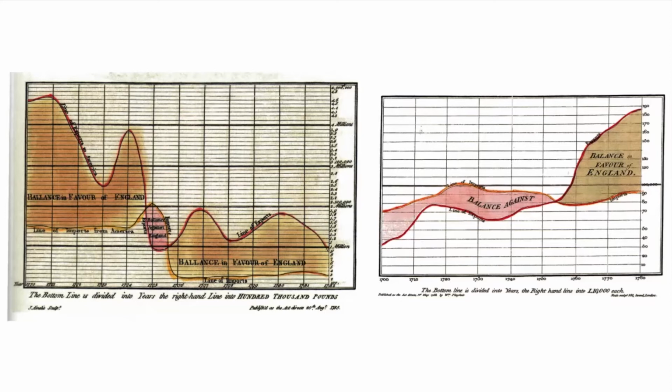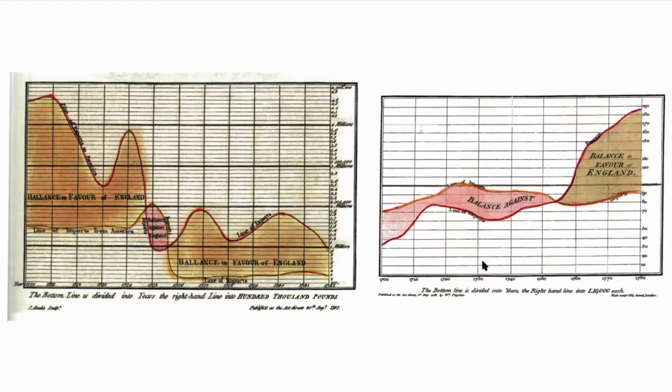On the left, he's got these very heavy grid lines, and realizes we don't need the grid lines. The grid lines are not the most important thing in the graphic. The most important thing is the shape of the lines. And so in a later, similar line graph, we see that the grid lines are much more faded out, and we're drawing attention to what's more important in the graphic.